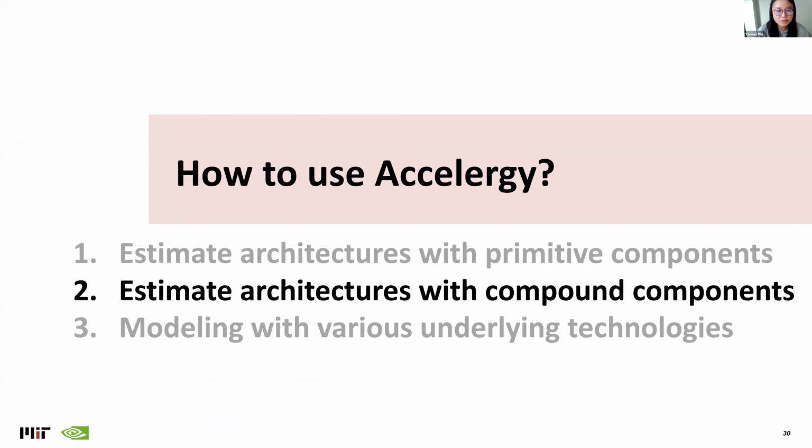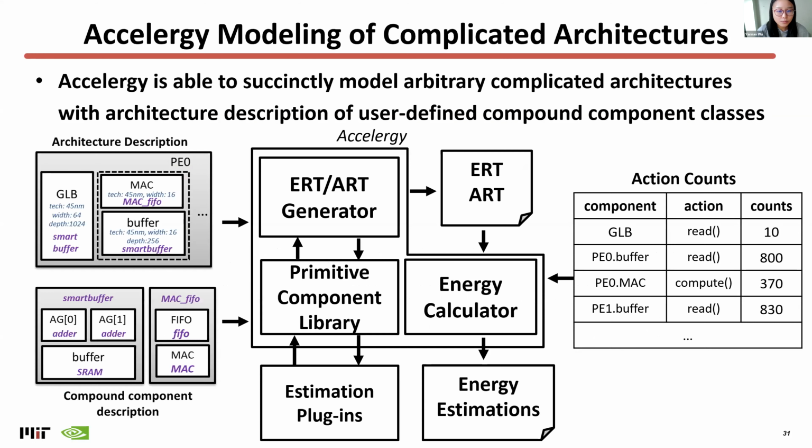It's not that simple where we only have the SRAMs and the computation unit. So that's why we introduced the concept of a compound component description. This is basically to help us succinctly model arbitrarily complicated architectures with a very simple architecture description.